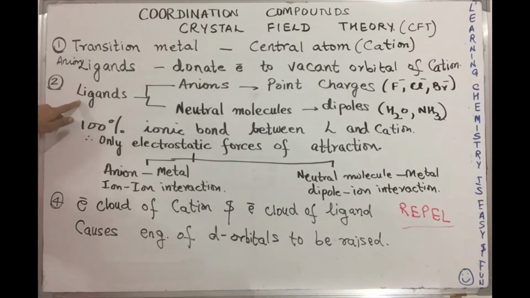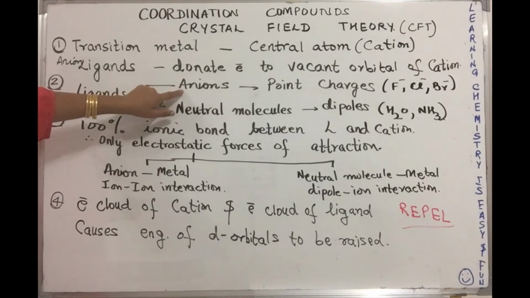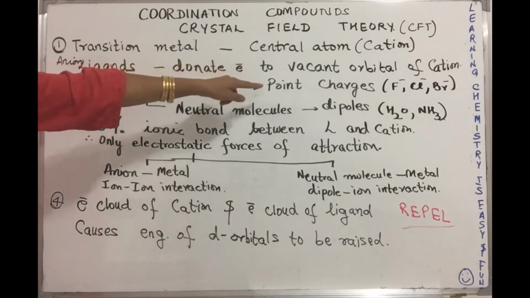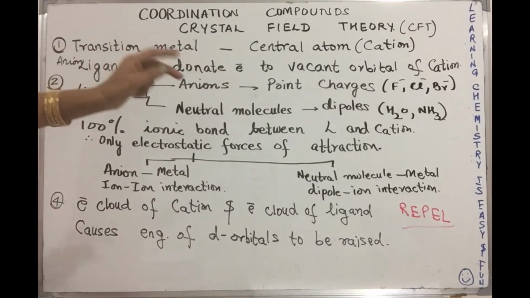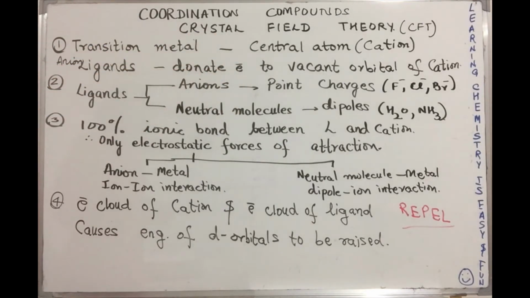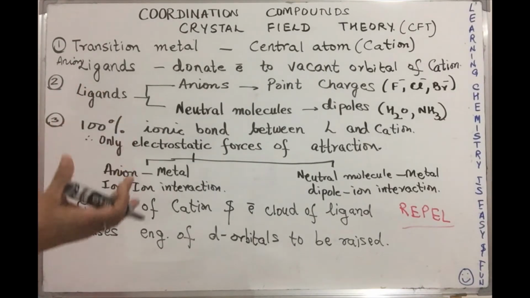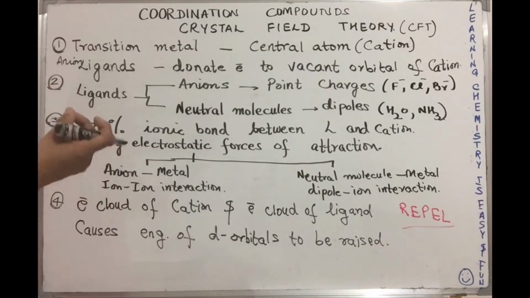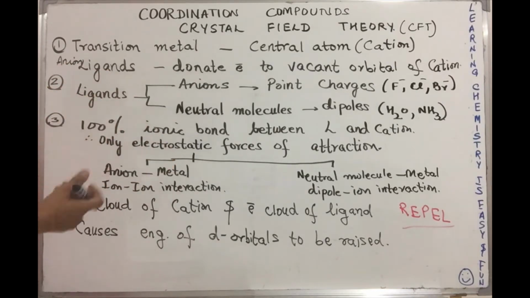The ligand, if it is the anion, is called a point charge. For example, fluoride, chloride, bromide, such kinds of ligands are considered as point charges. They are not considered as big atoms. They are simply considered as charges.